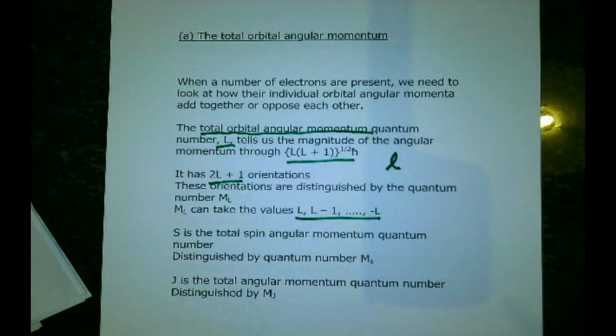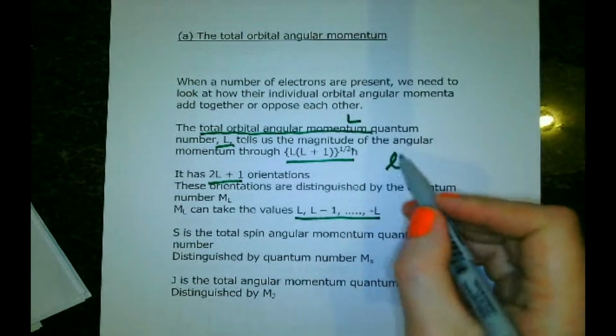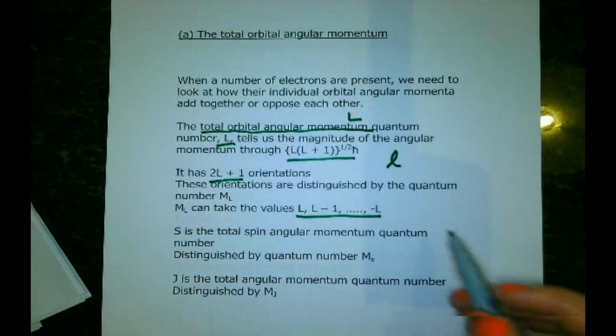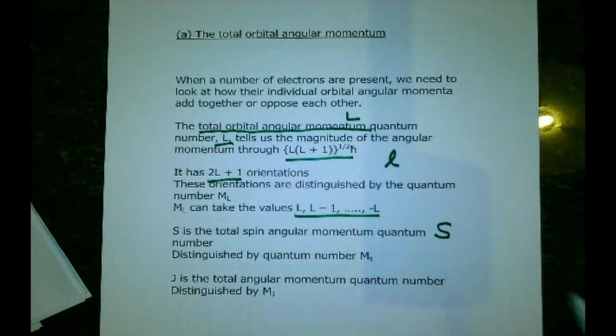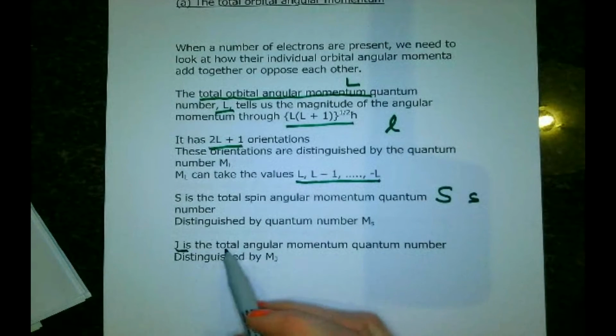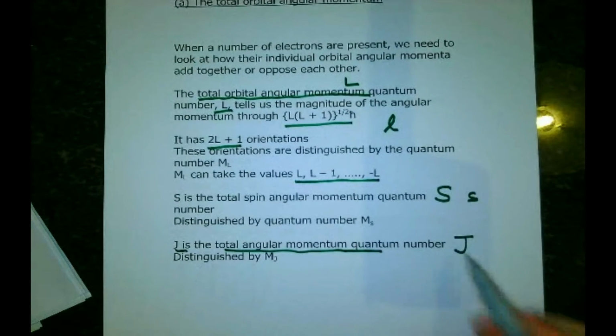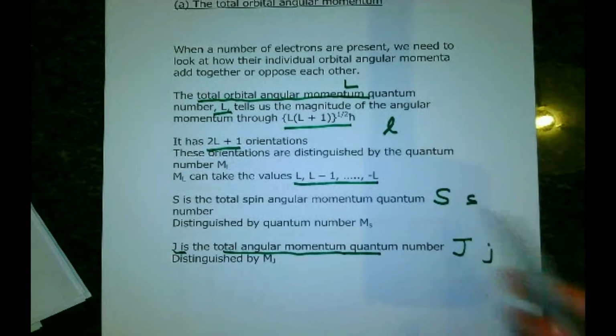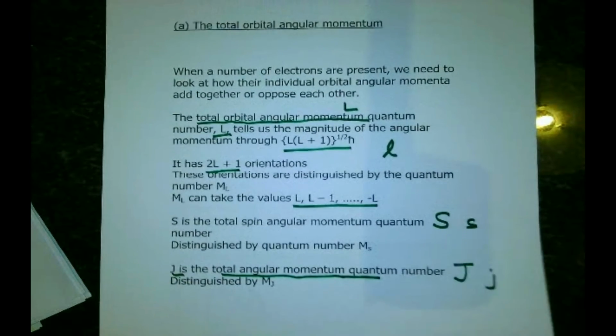So total orbital angular momentum and orbital angular momentum behave in the same way. The same goes for S and lowercase s, and then we have J, the total angular momentum quantum number. So it behaves the same as j for a one electron system, and this is a many electron system.